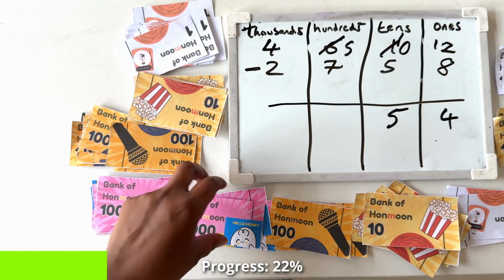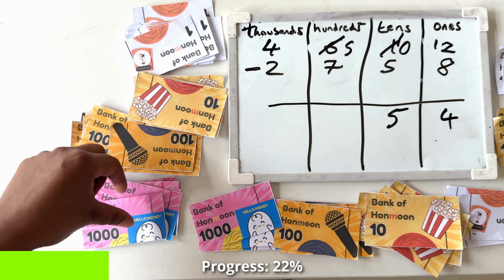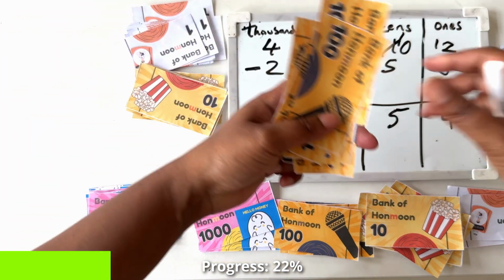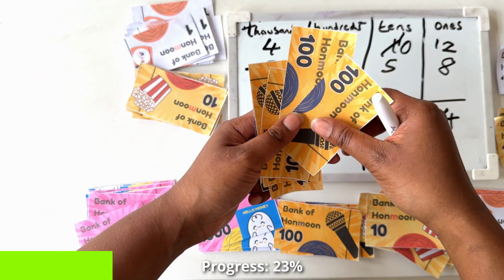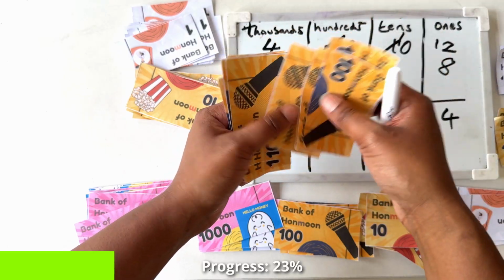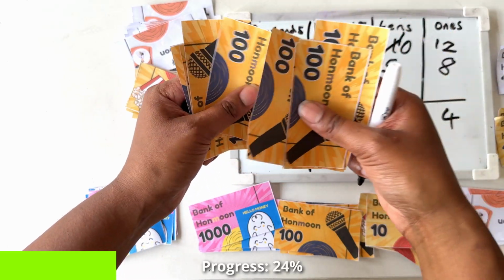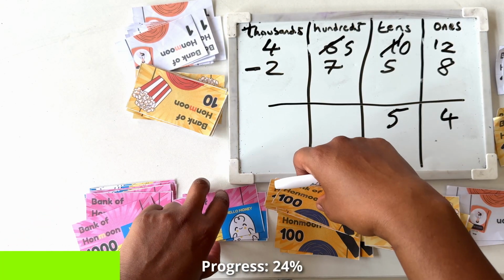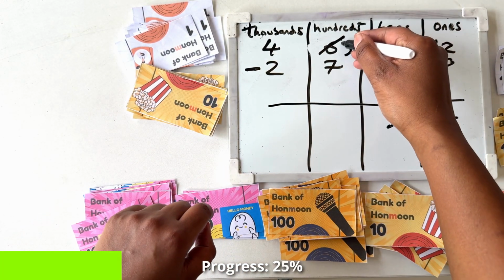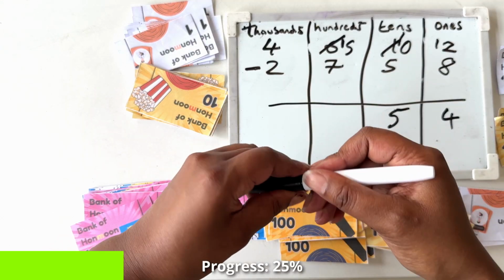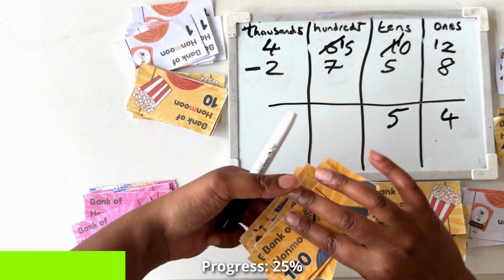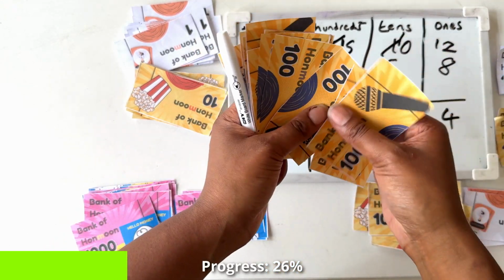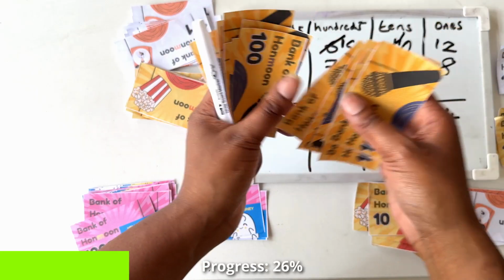5 minus 7 we can't do, so we have to take one of our thousands. Because the counting system is in tens, we do 100, 1, 2, 3, 4, 5, 6, 7, 8, 9, 10. Just enough. That's 15. Take away 7. 1, 2, 3, 4, 5, 6, 7.